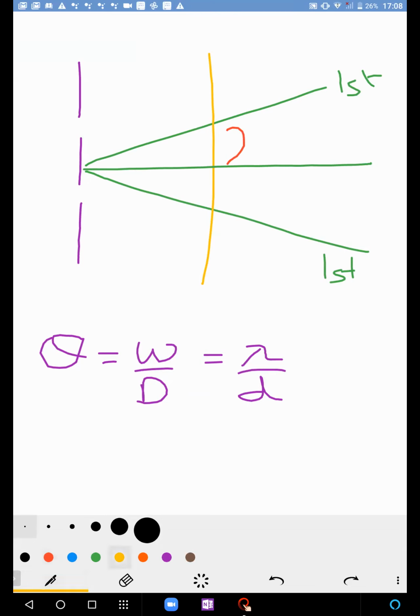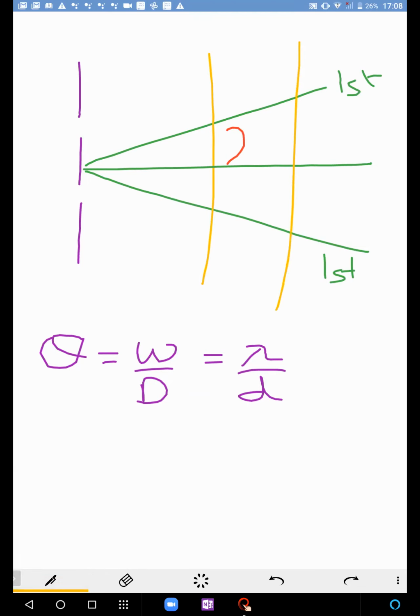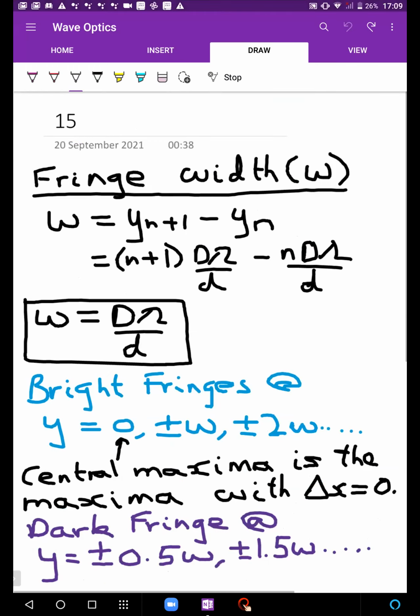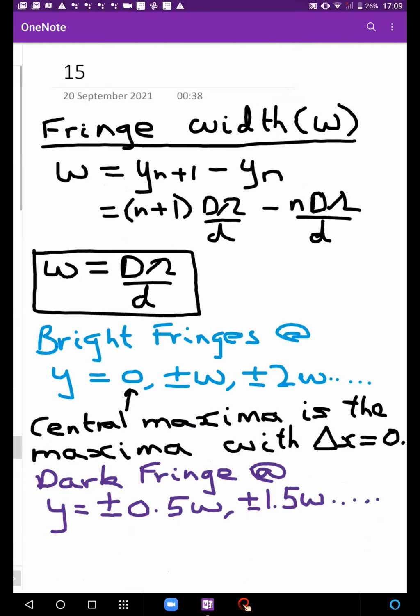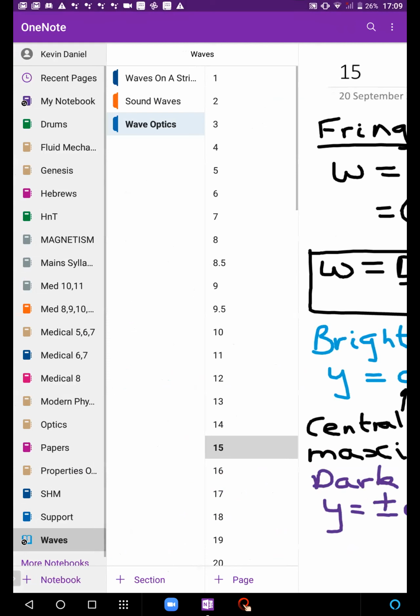And when you take the same screen further away, the fringes will appear bigger. But the angular separation is fixed once lambda and the slit distance are fixed. And exactly between them, you have your dark fringes.